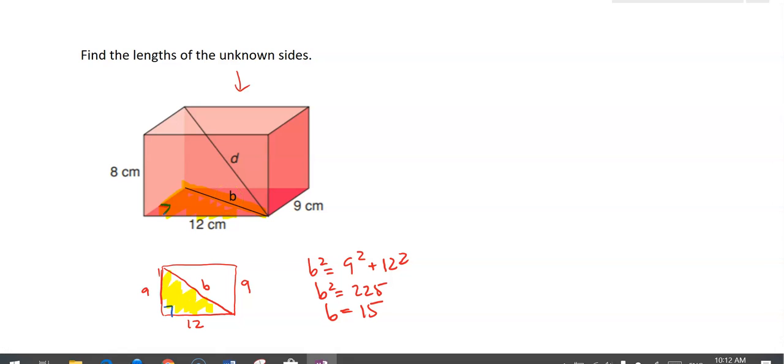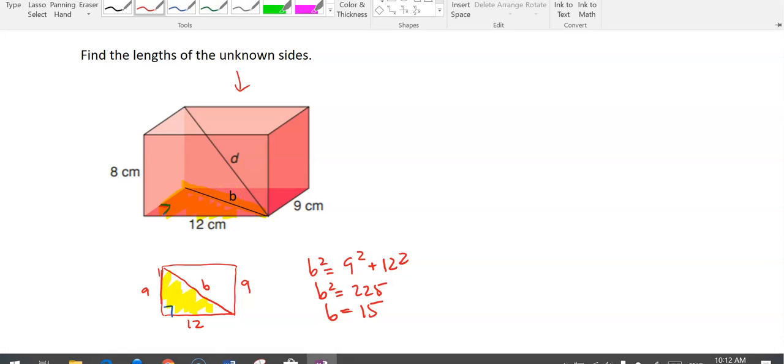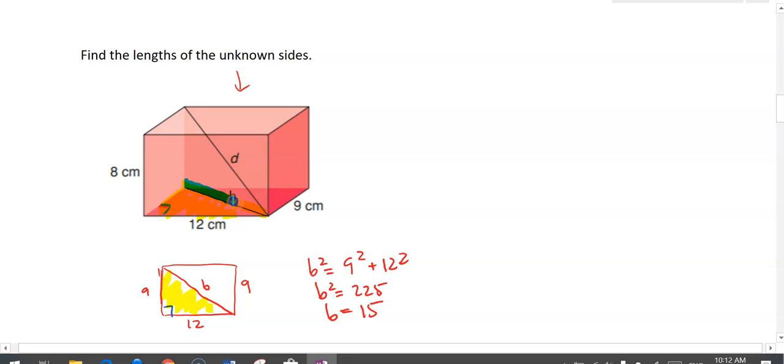Now I'm going to use that information. Does everybody see this standing upright triangle, where there's a 90-degree angle there? So it's a vertical triangle in which they share the same side. B is the hypotenuse of that triangle on the base, but it's the leg of that triangle standing up.